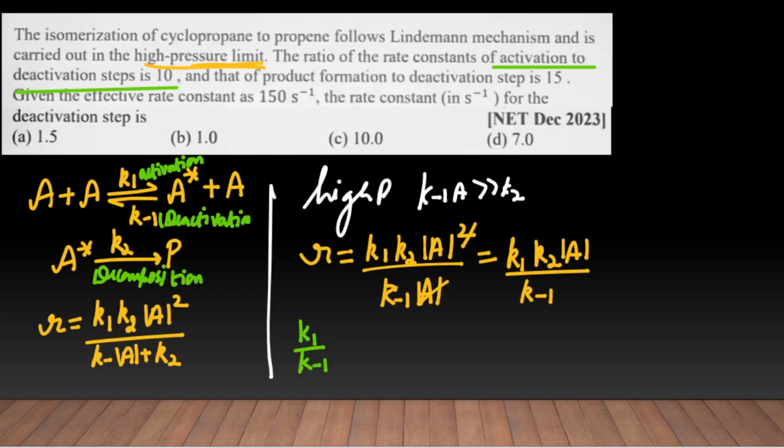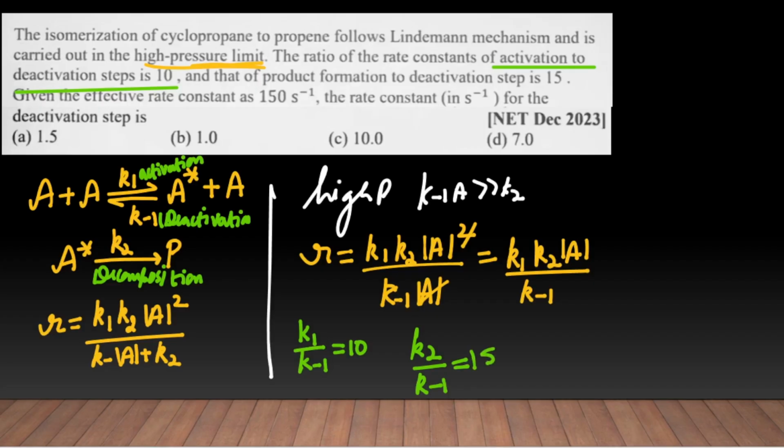So K1 to K inverse ratio is given as 10, and that of the product formation to the deactivation step is 15. That means K2 upon K inverse is equal to 15.